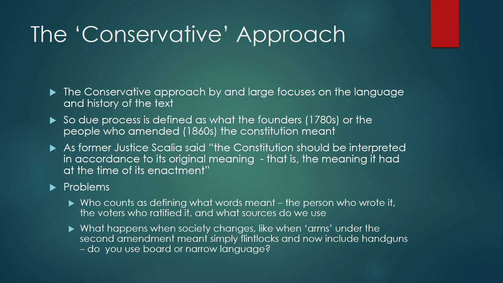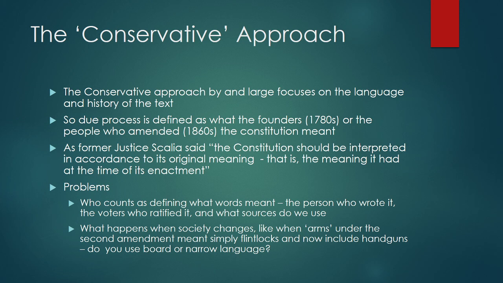Or let's suppose that it was voted on in a committee and the committee voted 7 to 11 to pass the Fifth Amendment. Do we look at what a majority of that committee thought it meant? And then, of course, the Constitution is ratified by the states. Do we look at the voters in those states? Or do we just look at the legislatures? I mean, it's not as easy as you think.